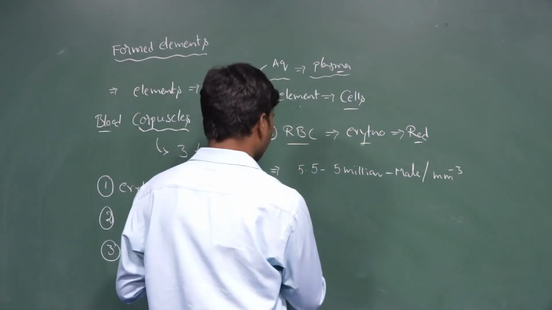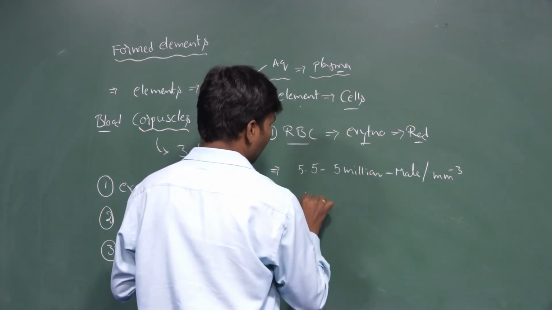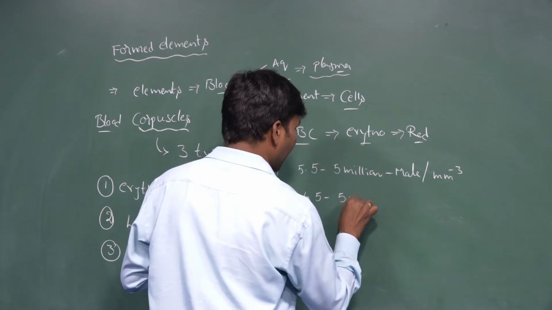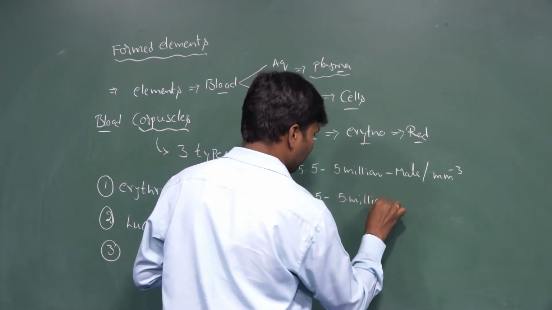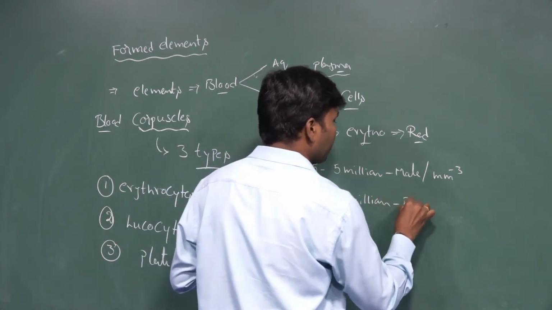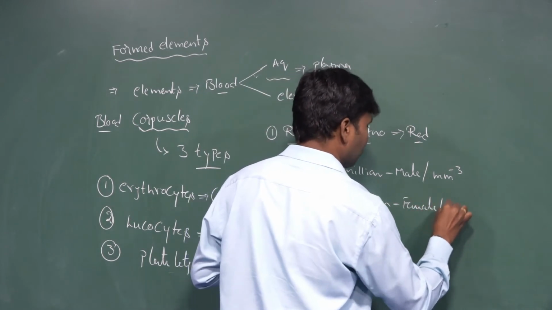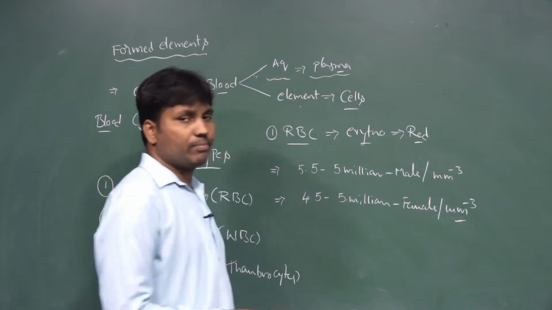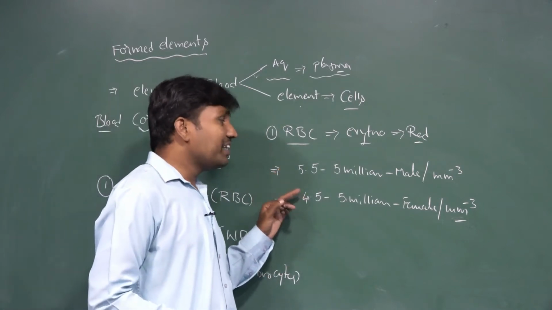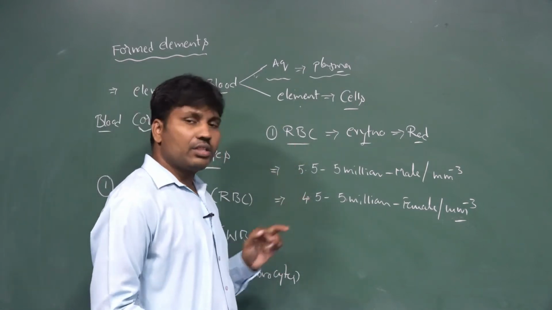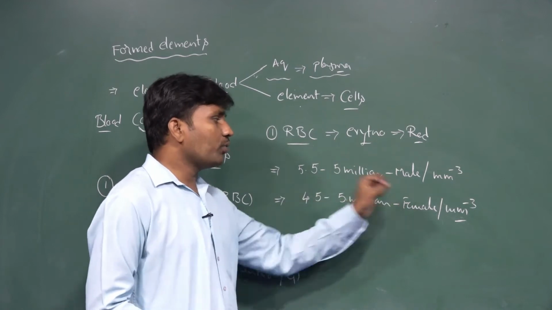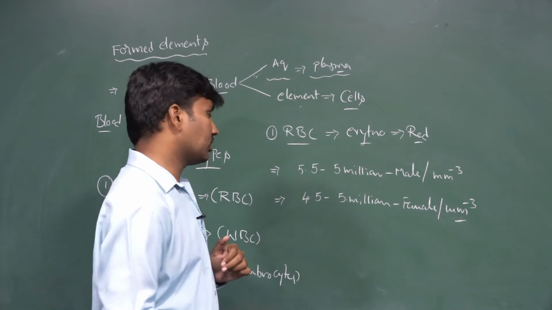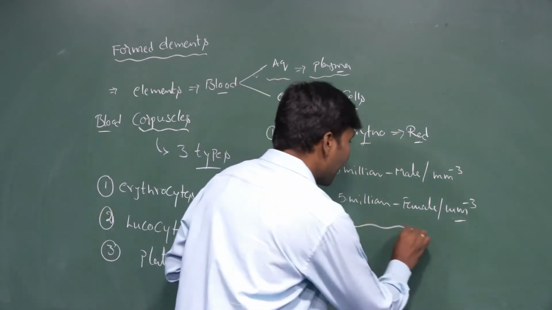In case of the female, 4.5 to 5 million per 1 cubic millimeter of the blood sample. So these many erythrocytes are presented, which is why they are the most abundant.